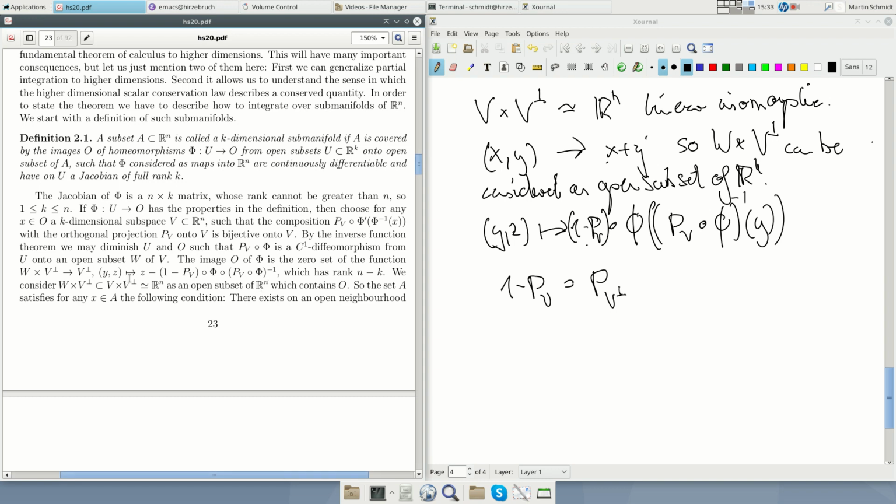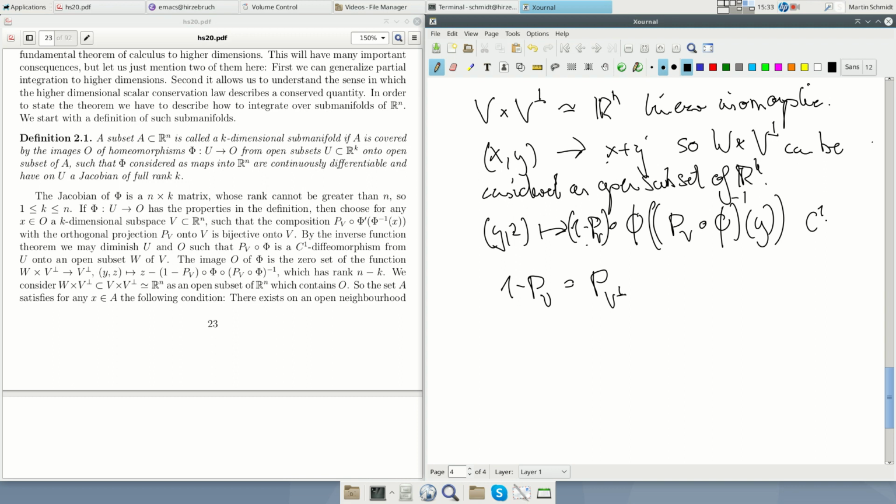So we really get here, and now this is a C1 map, and clearly the zero set of this map is the part A intersected with W cross V perp.